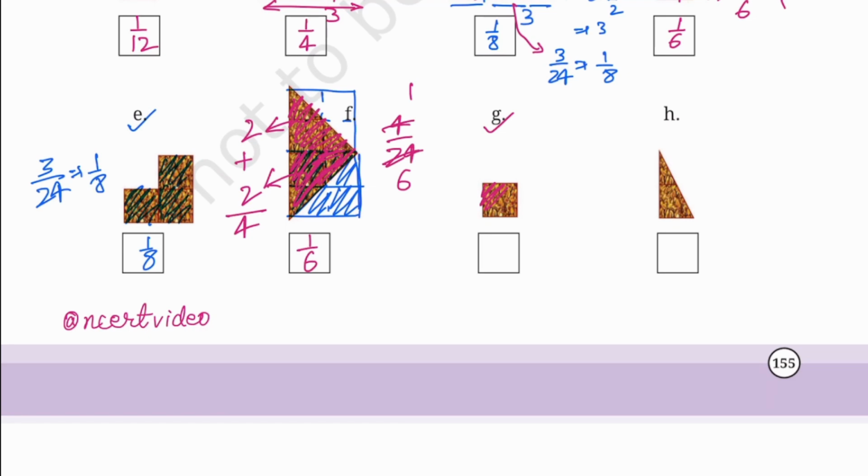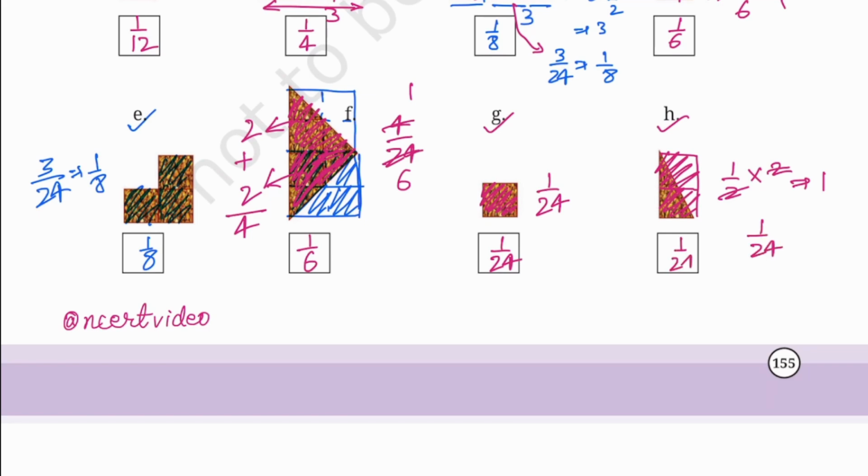G, you can see 1 square unit out of 24. The answer is 1 upon 24. H, you can see a chickpea in triangular shape. Area of this chickpea will be half of 1 and 2, that is 1 square unit. 1 square unit out of 24.